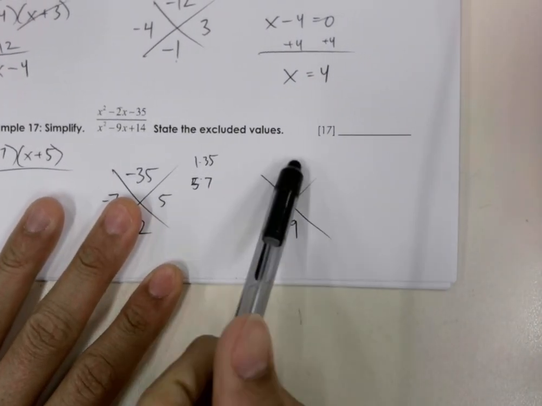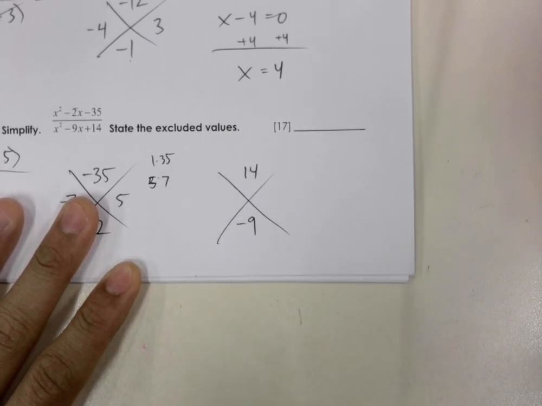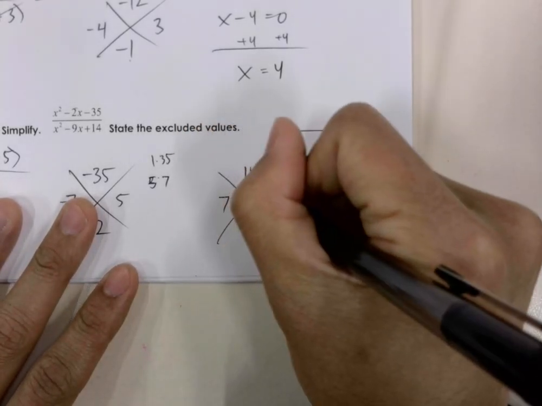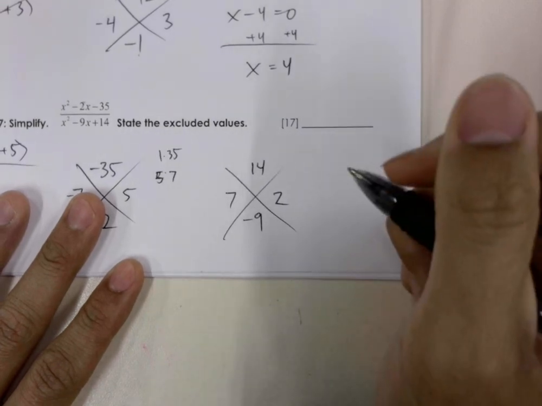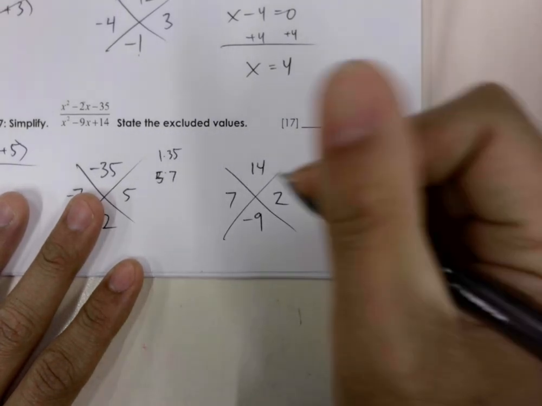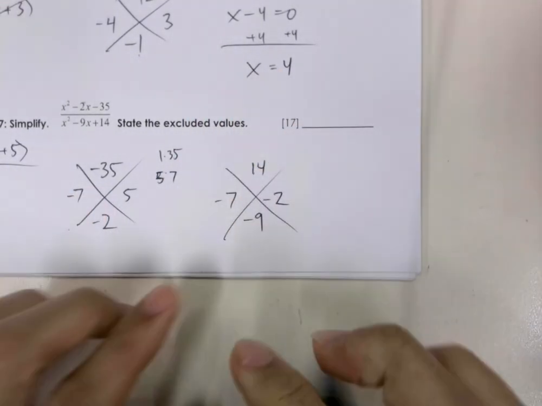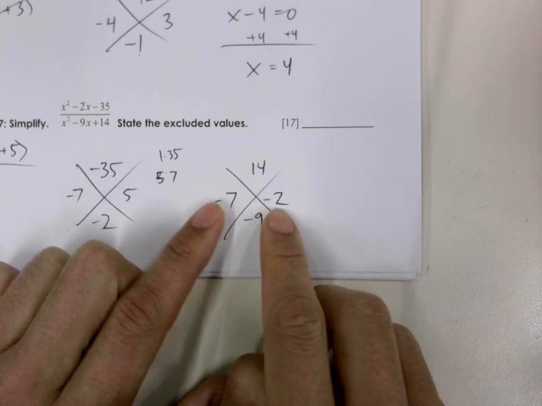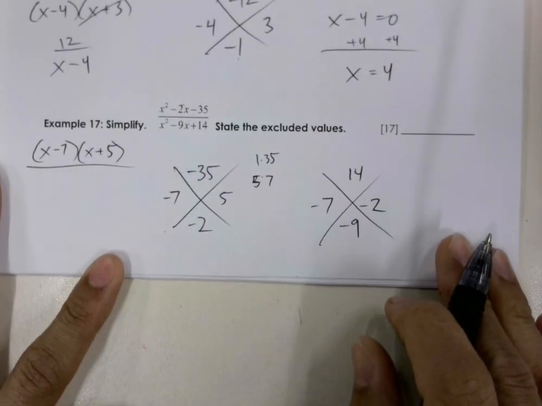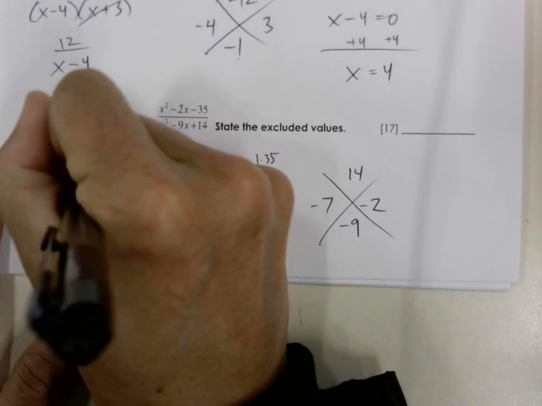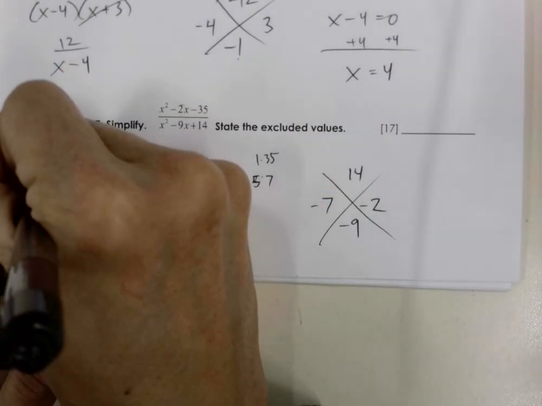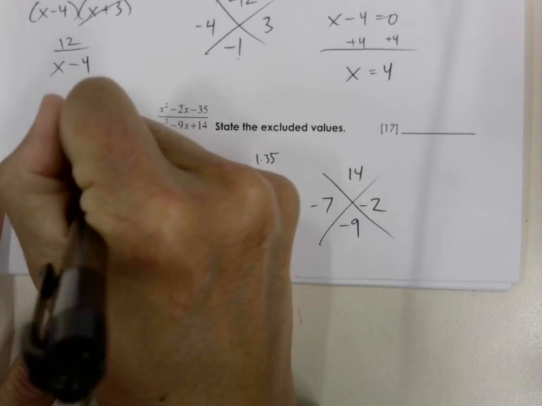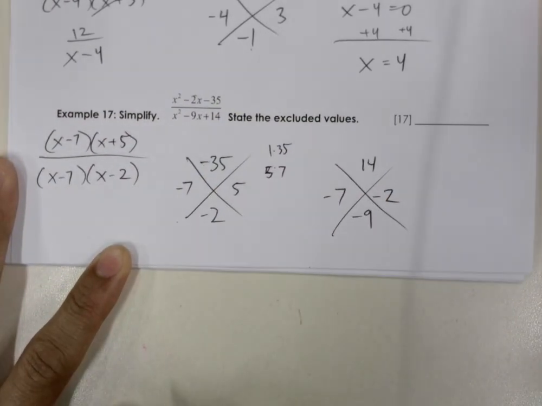So two factors that multiply to 14 and add to 9 are going to be 7 and 2, and they're both going to be negative. If they're both negative, they multiply to positive 14, and then they add to negative 9. So I can write the denominator as two factors: x minus 7 and x minus 2.